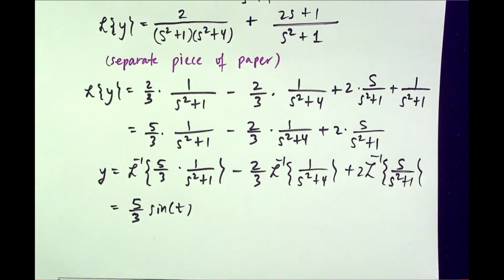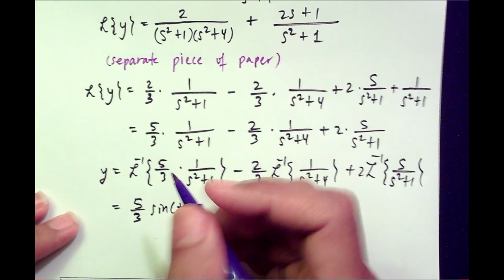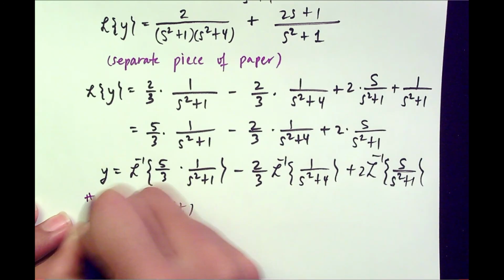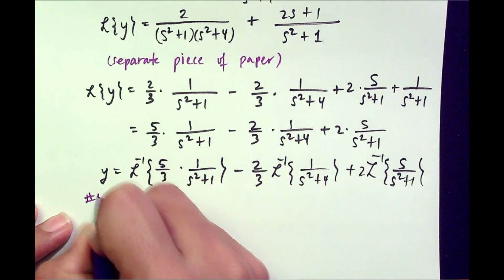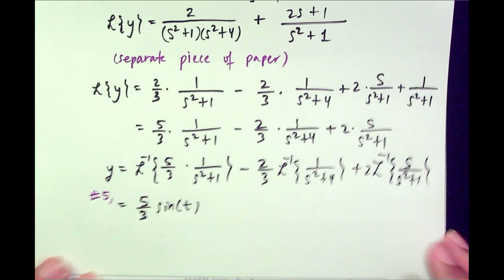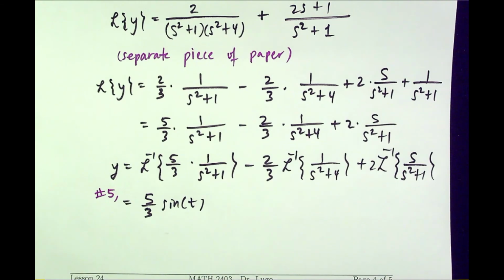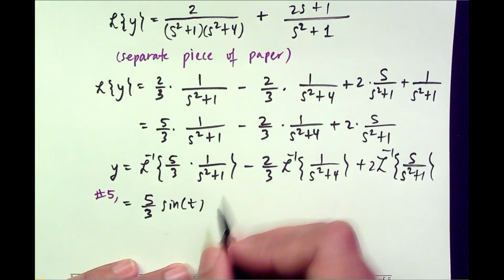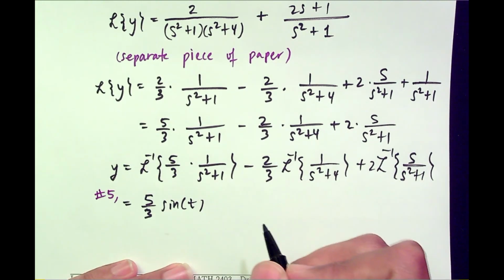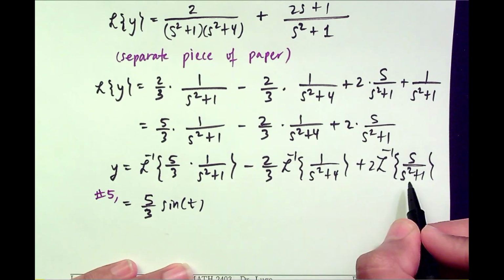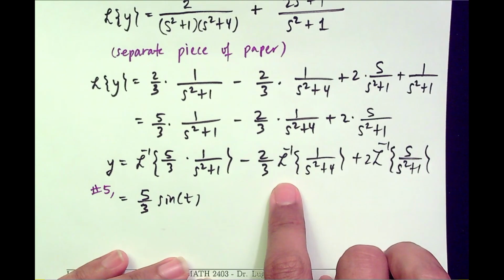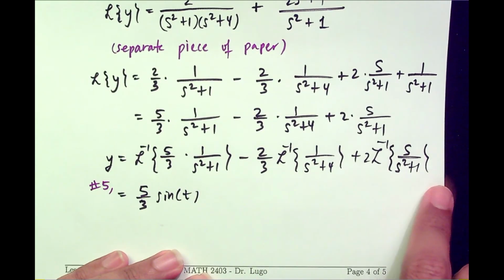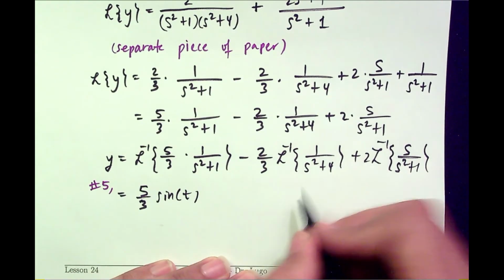And we made use of number 5 for this one. Then this one is going to be a little bit of trouble, so I'll tell you why in a minute. But let's do this one first.